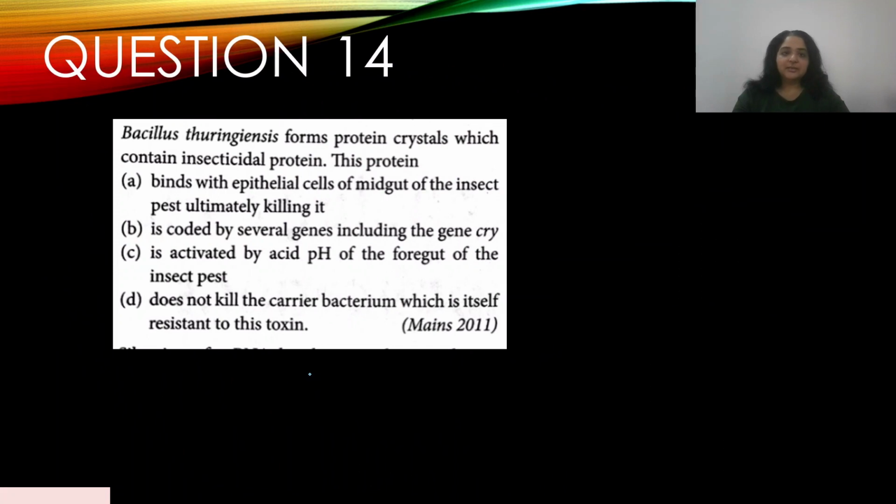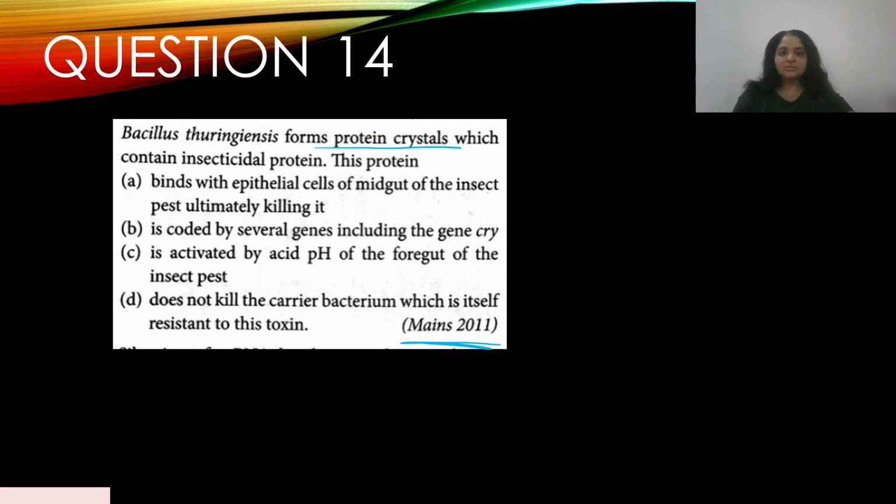Question 14. Bacillus thuringiensis forms protein crystals which contain insecticidal protein. The protein, this appeared in 2011: A, binds with epithelial cells of the midgut of the insect pest, ultimately killing it. B, is encoded by several genes, including the gene cry. C, is activated by acid pH of the foregut of the insect pest. D, does not kill the carrier bacterium, which is itself resistant to this toxin.